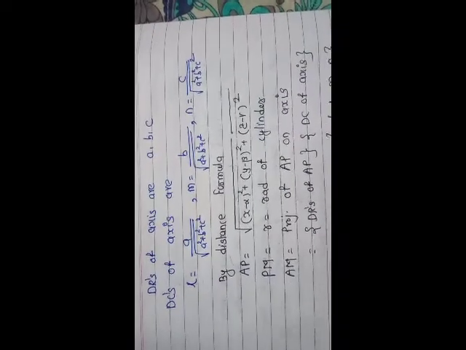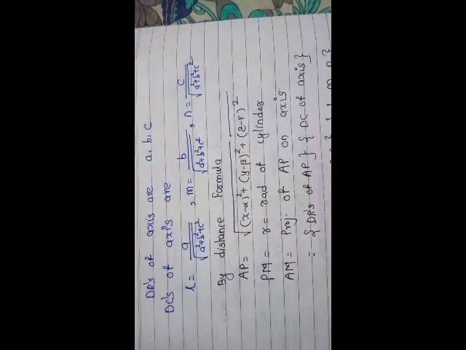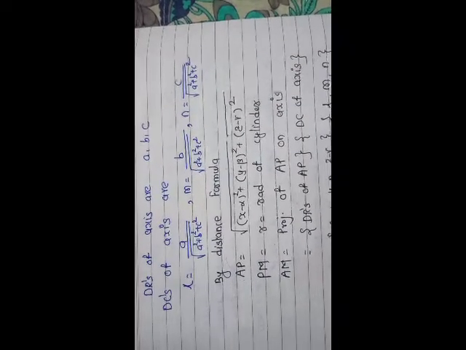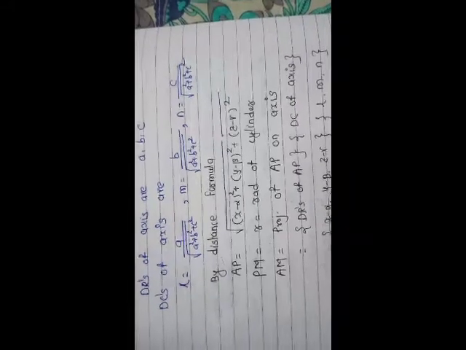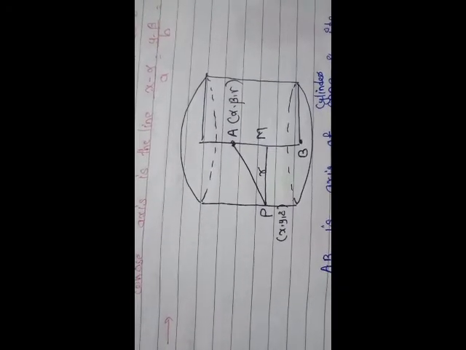Distance AP is given by the square root of (x minus alpha) square plus (y minus beta) square plus (z minus gamma) square. PM is the radius of the cylinder and it is given in the example, it is r. Understand that AM is the projection of AP.